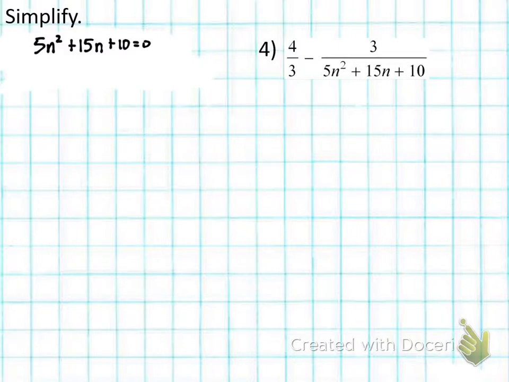What is a common factor that we could use? How does this trinomial get divided by 5? What should I write down? n squared plus 3n plus 2 equals 0. Excellent.